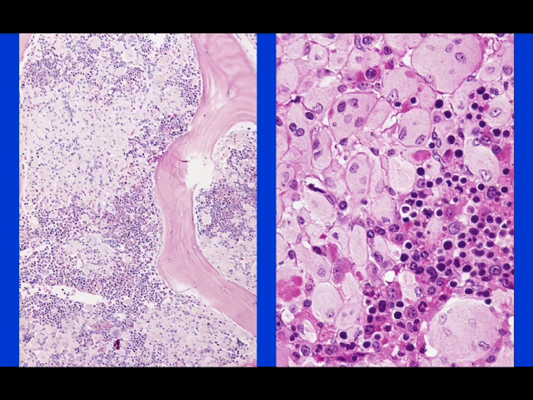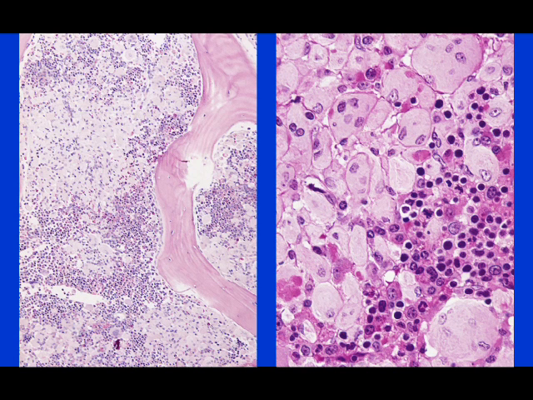And on our bone marrow biopsy sections, we see a space occupying lesion, or several space occupying lesions of these big cells, which on the right at higher magnification, some have multiple nuclei, others are just large histiocyte looking cells.